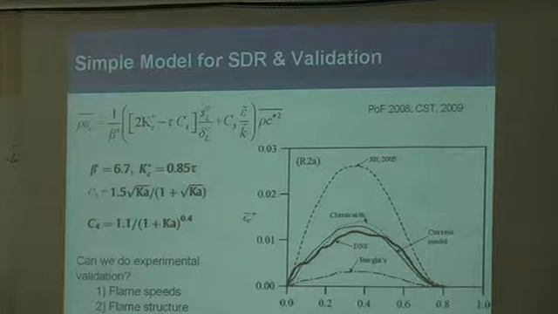I don't think any of it's very believable because of the gradients you're talking about, if the flame is just a little thicker than a laminar flame. It's 0.3 of a millimeter, the gradient will go from very high to very low in 0.3 of a millimeter. I don't think one can trust it too much.